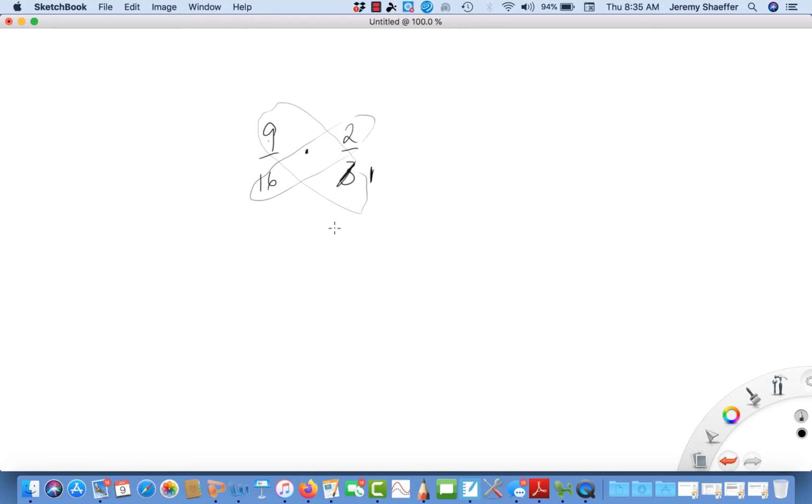Well, if we reduce this to 1, then this can reduce to 3, and it's the same thing because 3 over 9 is equal to 1/3. If we reduce it, we can divide both by 3, and we can get 1 and 3. The same is true here. If we cancel this out and say this is 1, this will become 8. So we have 3 times 1, which is 3, 8 times 1, which is 8. We can come up with a reduced fraction pretty easily. Okay, so it's all about just reducing fractions.